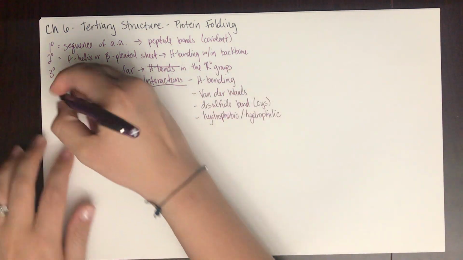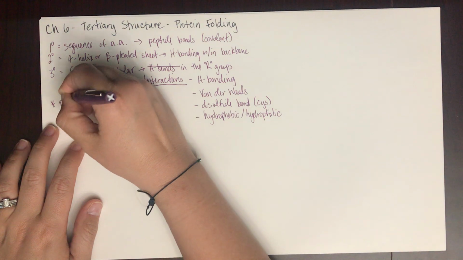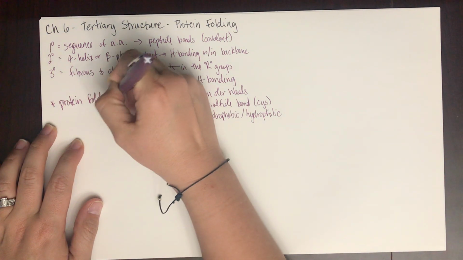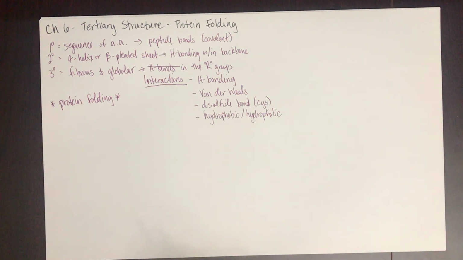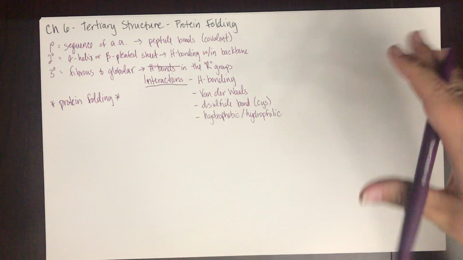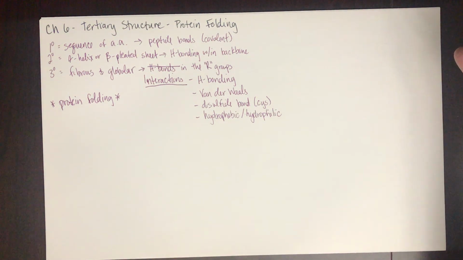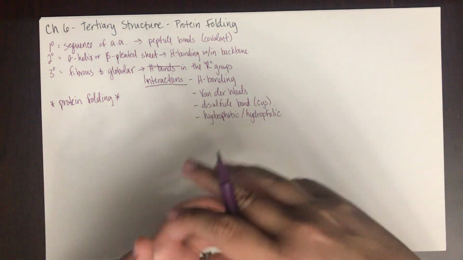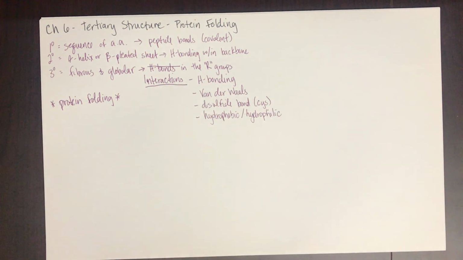So all of this, we're going to start talking about protein folding. And protein folding is really just the process of going from an unfolded protein to a complicated three-dimensional shape that is going to be in the correct conformation for this protein to do the job that it is supposed to do.